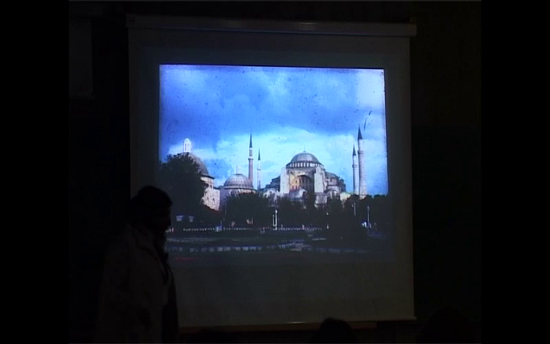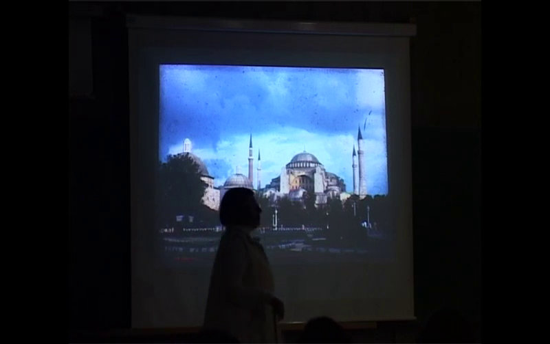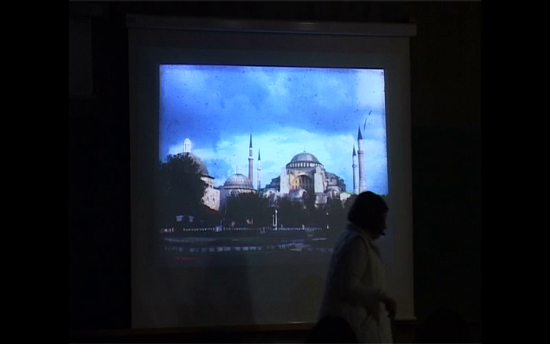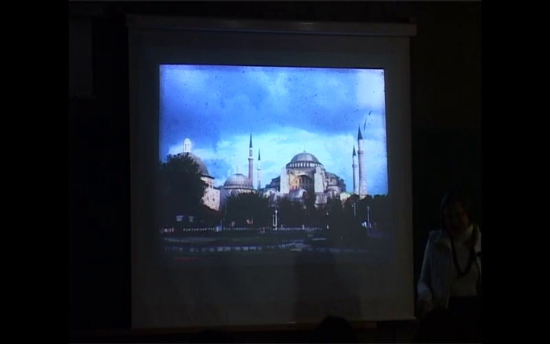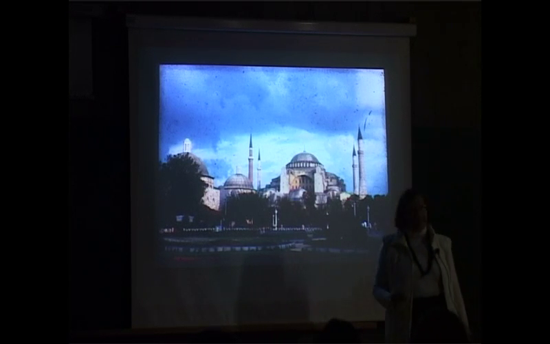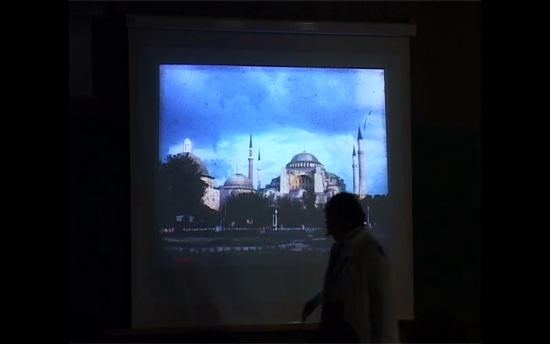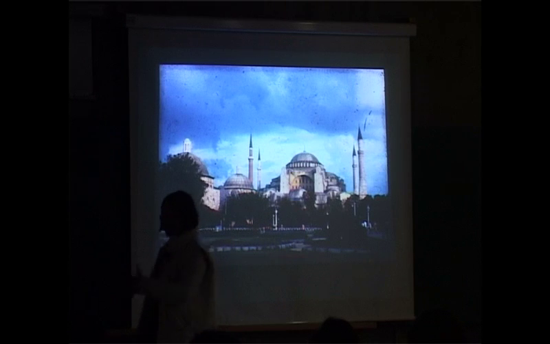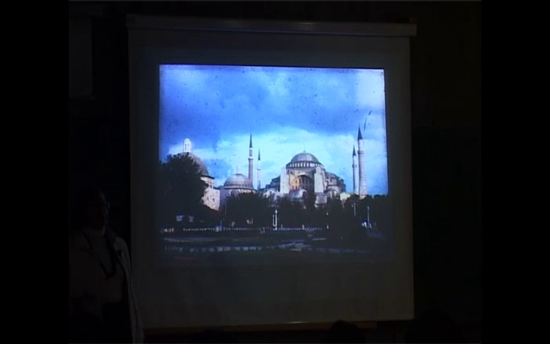And for this reason, the conception of the Hagia Sophia, a bit like the conception of the Pantheon, which was not an ordinary kind of temple, had to undergo a different process of creation.